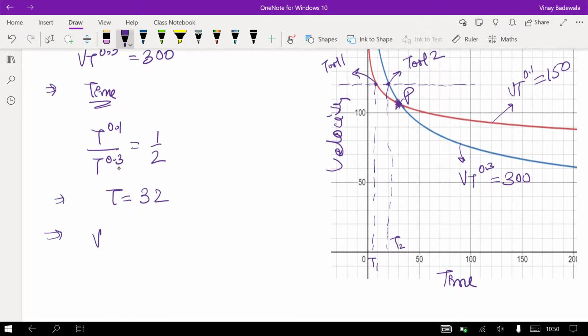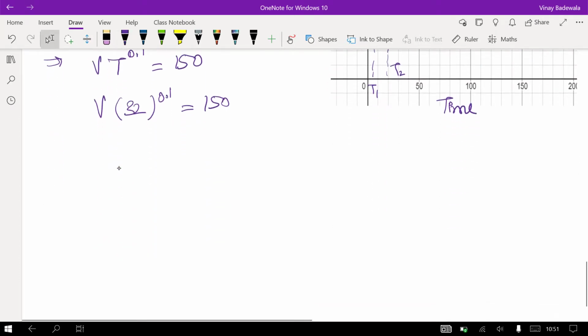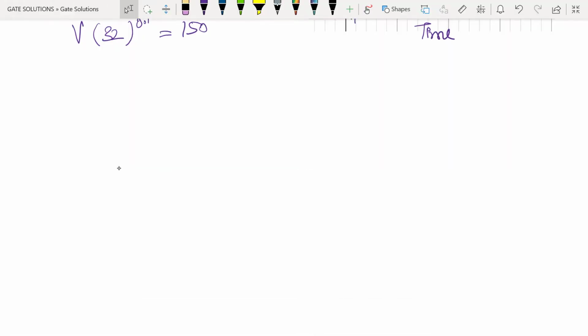So we get V times 32 raised to power 0.1 is equal to 150. Then we get V equal to 106.060066.